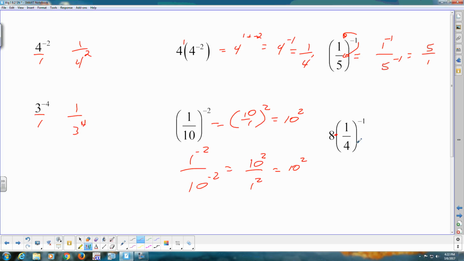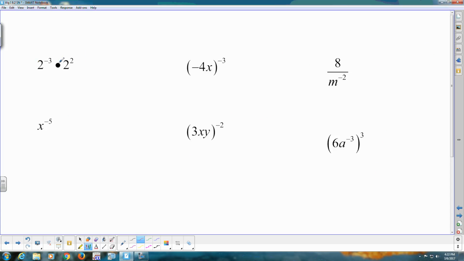That's multiplication. We just talked in 2 different examples about a fraction with a negative as an exponent. You take the reciprocal, so 32. Multiplying, you add your exponents. 2 to the negative 3 plus 2 is 2 to the negative 1, which is a half.